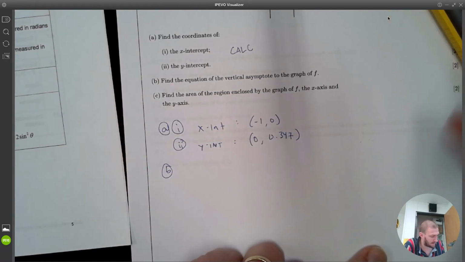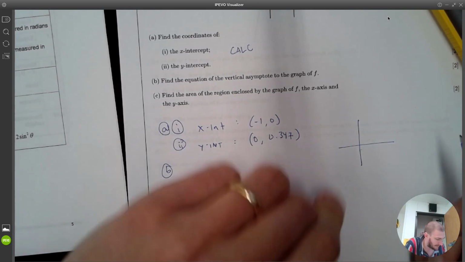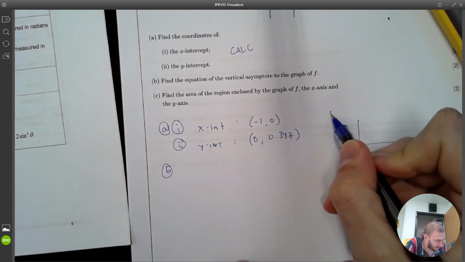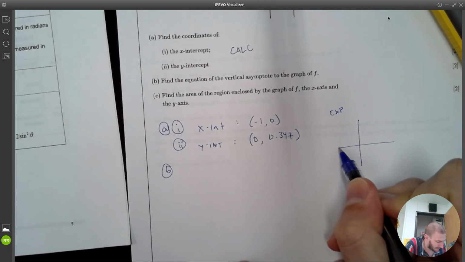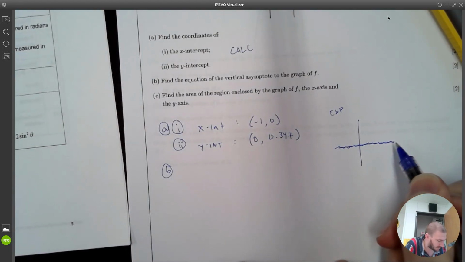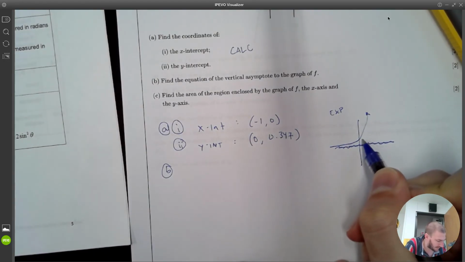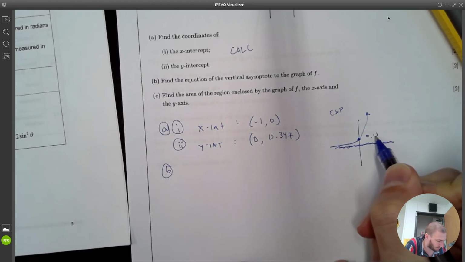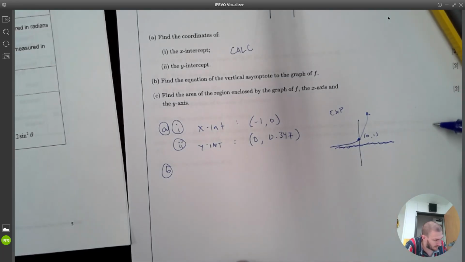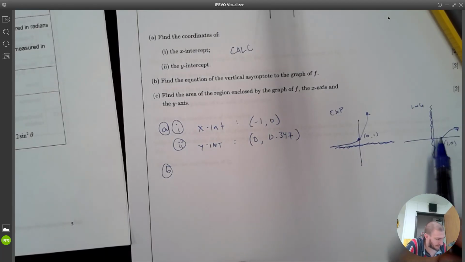One of the easiest ways to think about how they work is likely that for an exponential graph, you have this horizontal asymptote at 0, and it goes to the point 0, 1. And your inverse of that is the log graph. And the log graph has this vertical asymptote, and it goes through 1, 0. So our log graph normally has a vertical asymptote at 0.